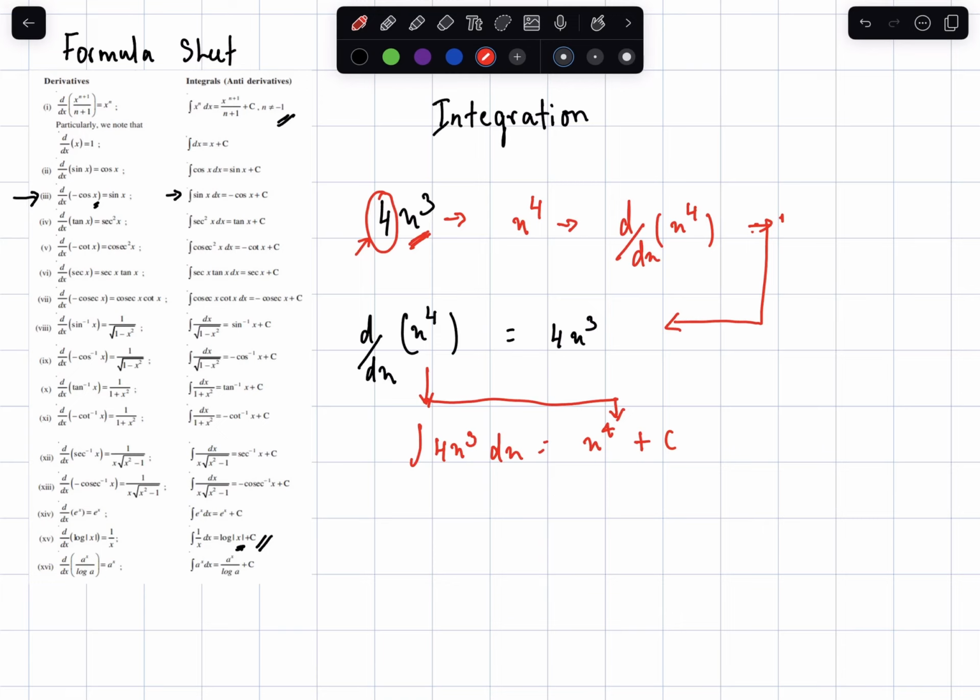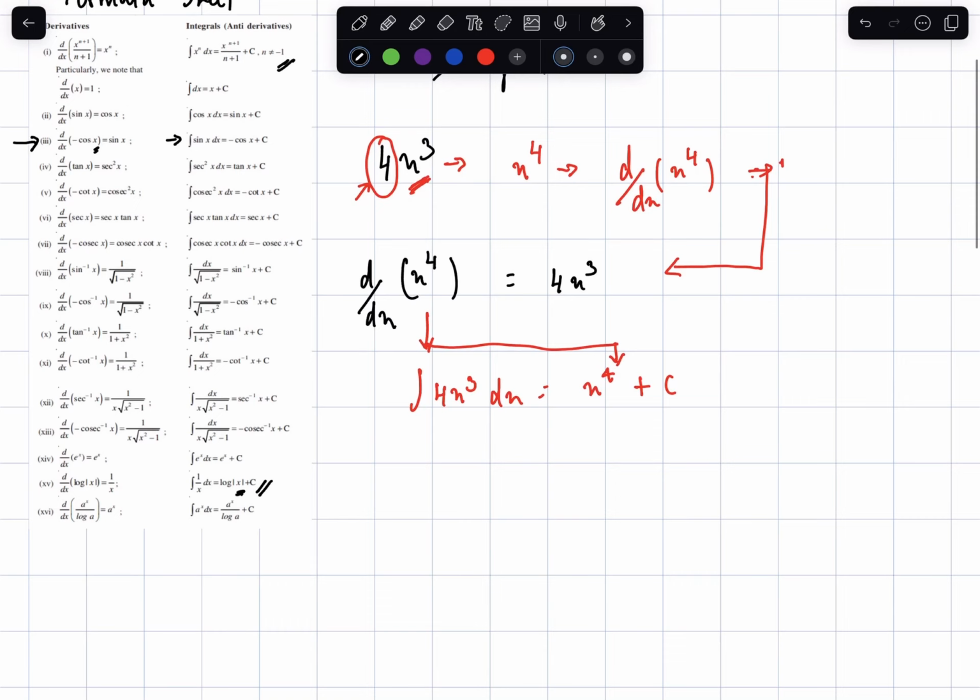Correct? So let's generalize everything. If you have an exponent e raised to the power n times x, what do you do? You first write it this way: differentiate e to the power nx, which will result in, what will it be equal to? e raised to the power nx times n.